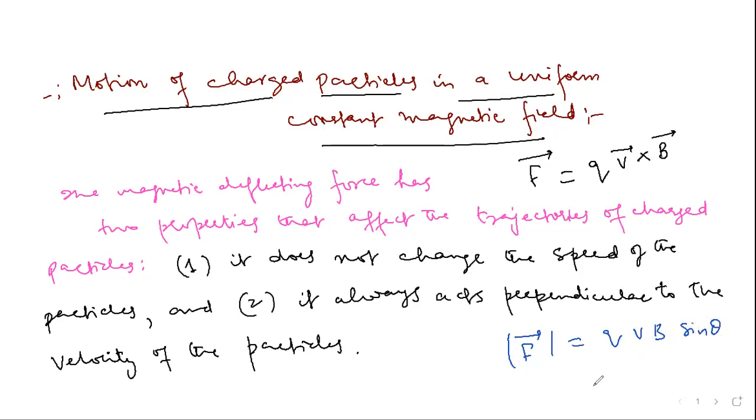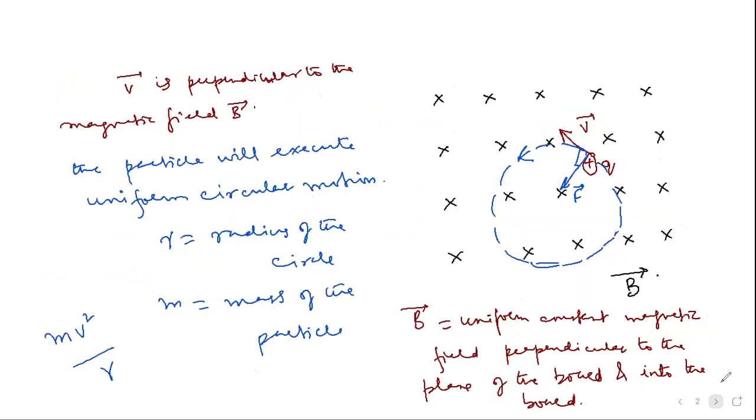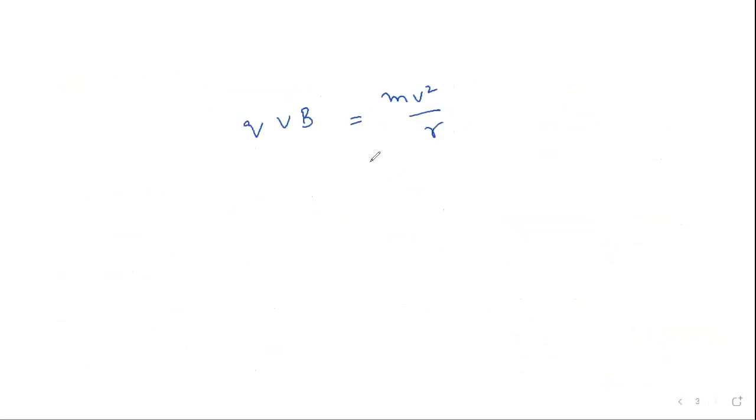Theta is angle between v and b. In our case, theta is 90 degree, v is perpendicular to b, sine 90 is 1, so it is just qvb, right? So we equate qvb with mv square by r.